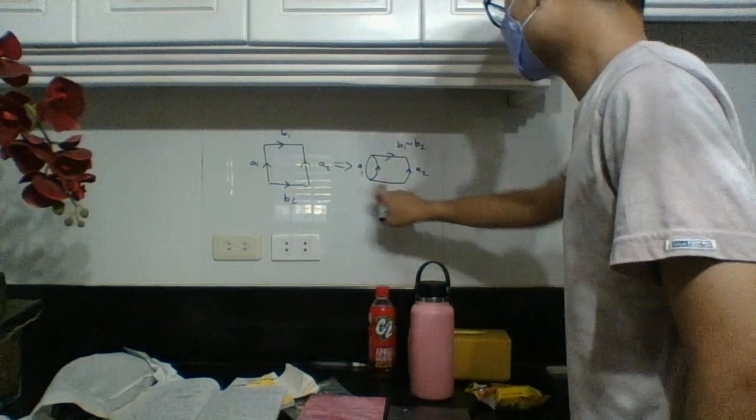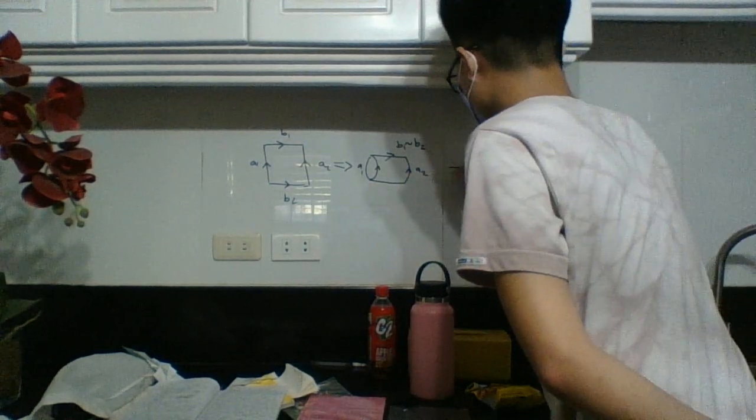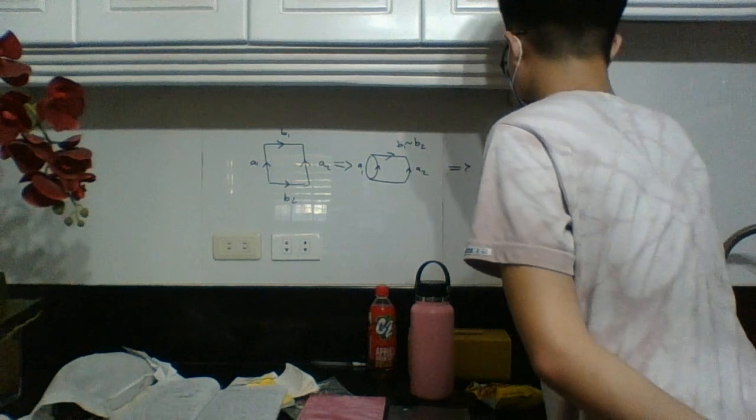B1 is identified with B2, it's A1, A2. And then next, we identify A1 and A2 to be the same edge, and then we get a torus.